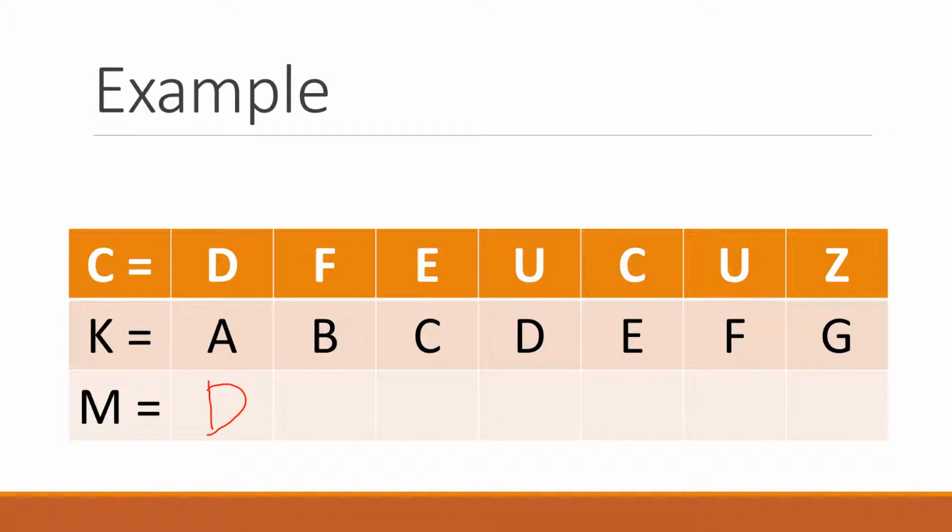Carrying this out again, if we have the second letter, F, and the corresponding key value of B, in order to find the plaintext letter, we shift F back by B. And since B corresponds to 1, we shift F backwards by 1, and we get the letter E. Carrying this exercise out again, we get the following: C, R, Y, P, and T. Be sure to go through and understand how we got that result.